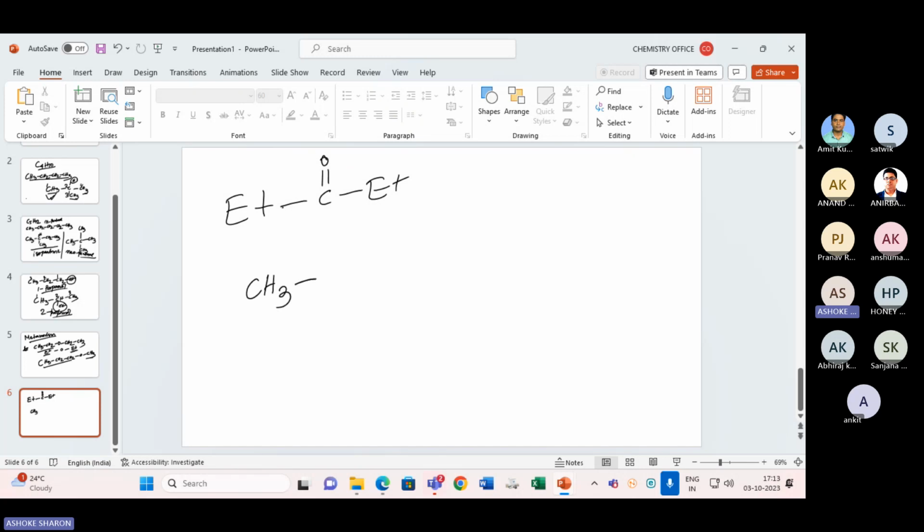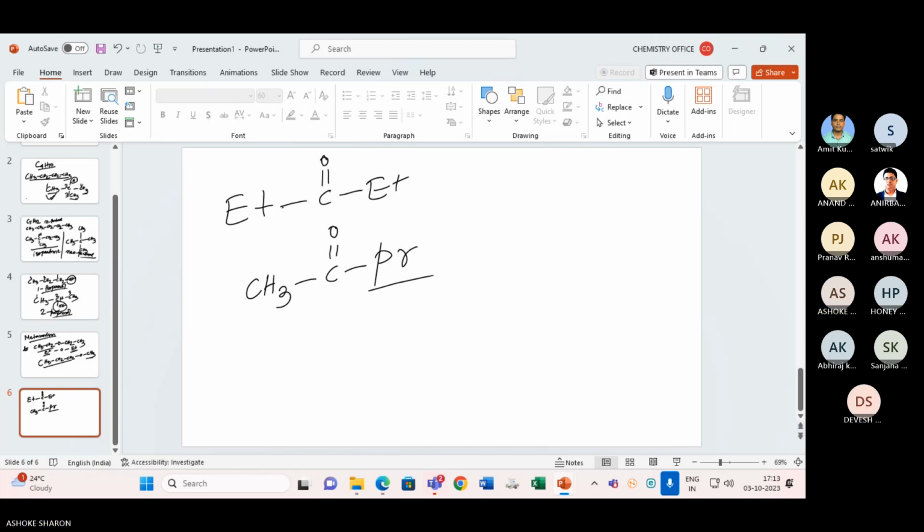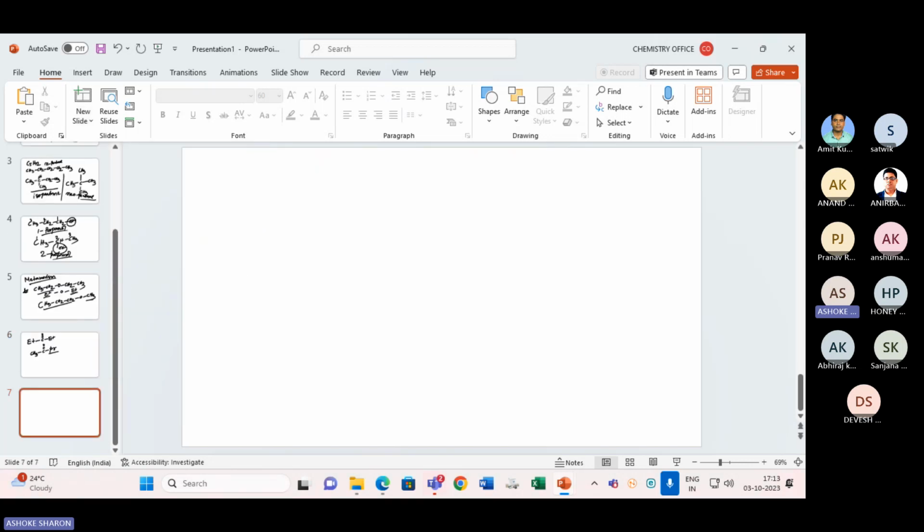For example, CH3, CO, propyl. I'm not writing any more. Propyl means CH2, CH2, CH3. So this is called methyl propyl ketone. So all are examples of metamerism. Okay. Now there is another interesting topic, which is called tautomerism.